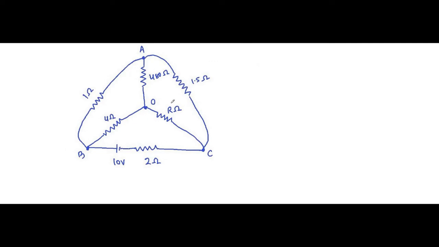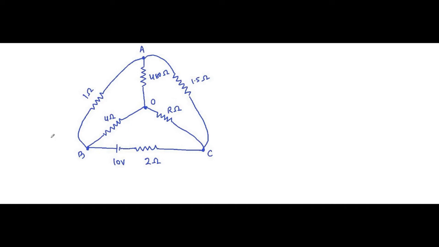So now we have to assign first the branch currents according to our choice, and then it will be simple application of KVL and KCL like all the previous cases.